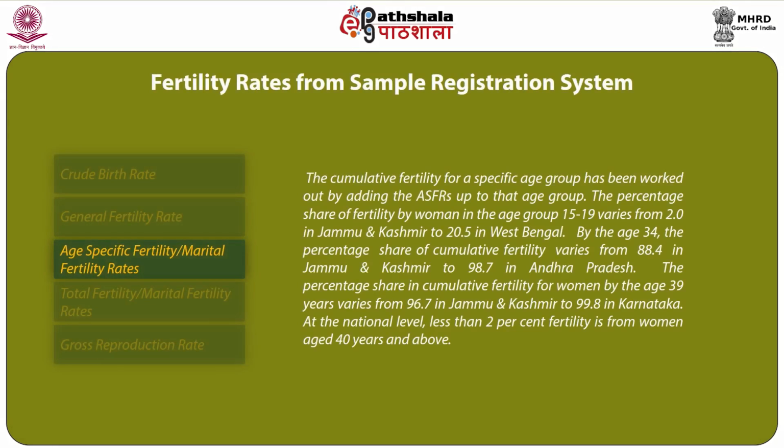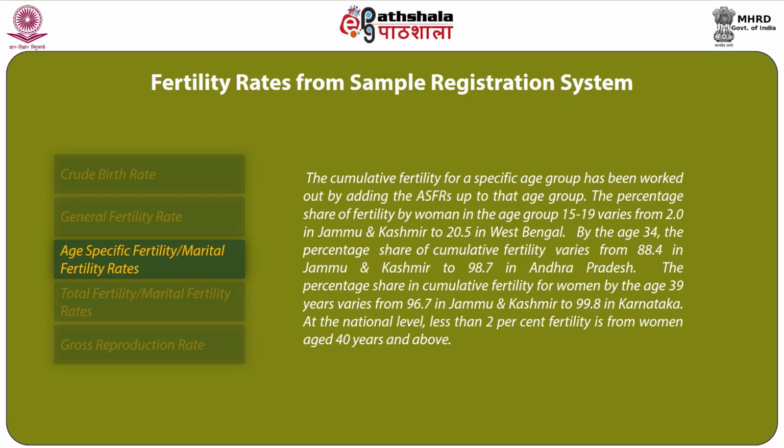The cumulative fertility for a specific age group is worked out by adding all the age-specific fertility rates up to that age group. The percentage share of fertility by women in the age group of 15 to 19 years varies from 2.0, which is the minimum, in Jammu and Kashmir, to as high as 20.5 as observed in the state of West Bengal.